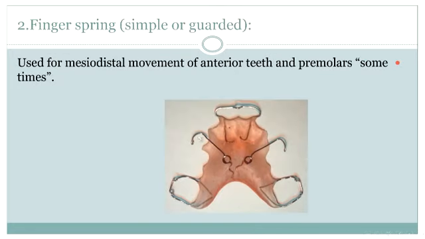Here is the finger spring, another type of spring used with the removable appliance, simple or guided, in different configurations according to the recommendation. It is used for mesiodistal movement of the anterior teeth and the premolar area. Sometimes this type of spring is used if the teeth are located within the line of the arch.